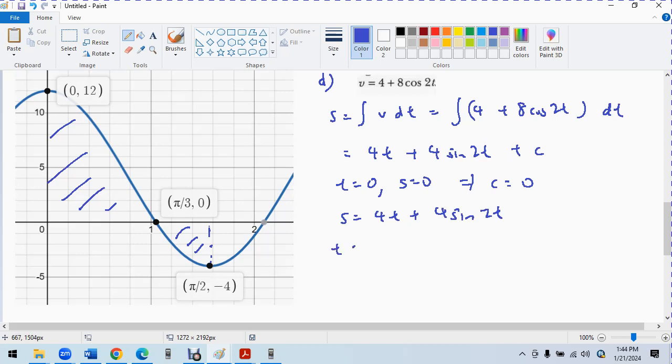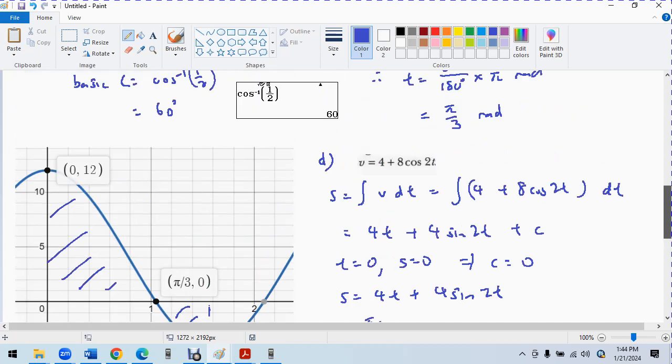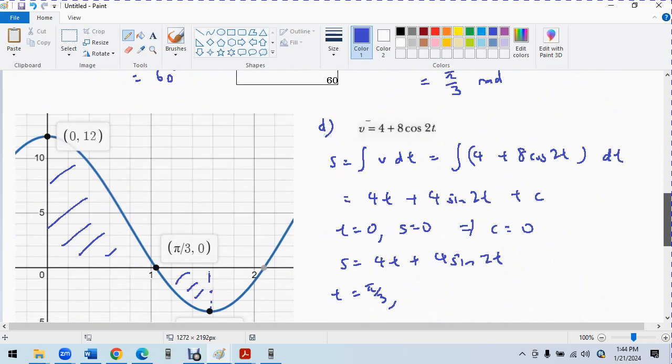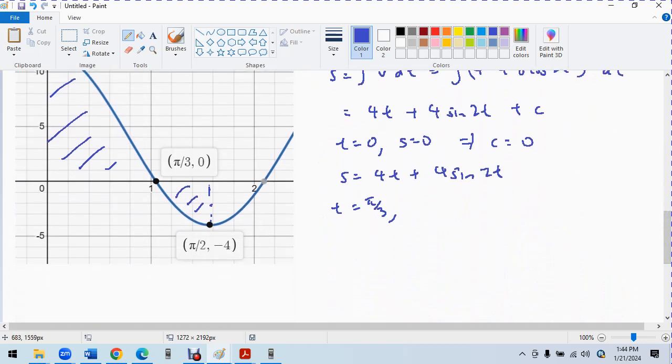When t equals pi over 3, which is 60 degrees, s is 4 pi over 3 plus 4 sine 2 pi over 3.